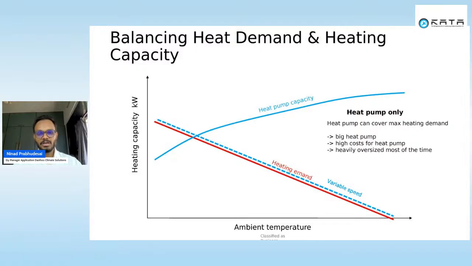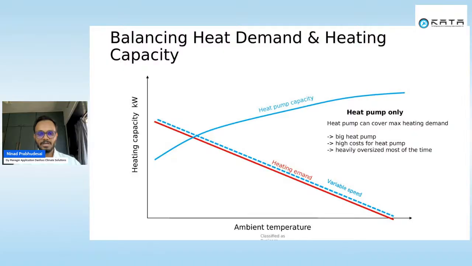So the process generally followed is that for that particular section, the other source of energy, like an electrical heater or gas boiler, is used only for that particular number of hours, let's say around 700 hours in a year, where your ambient is going below -5 degrees.